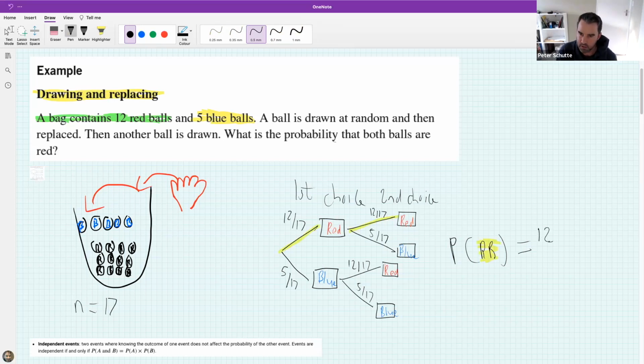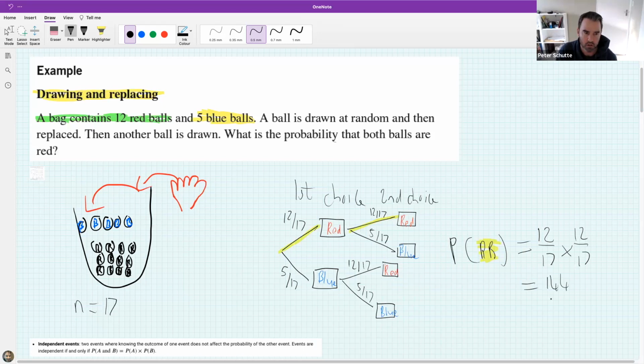It's going to be 12 out of 17 times 12 over 17, which is 144 over 289. Now, if you put that into a decimal, 144 divided by 289, you get 0.4982. So it's getting pretty close to a 50% chance of getting 2 reds in a row.